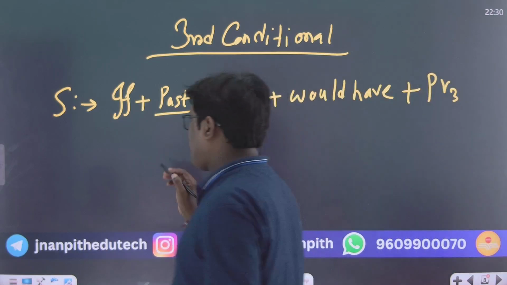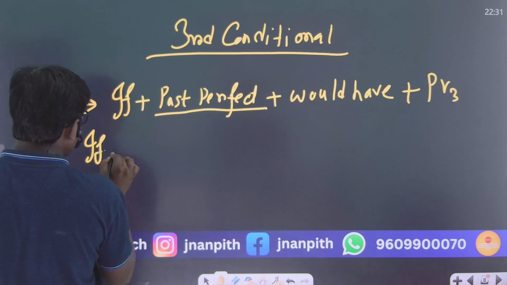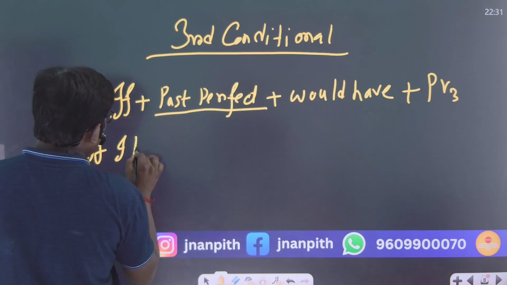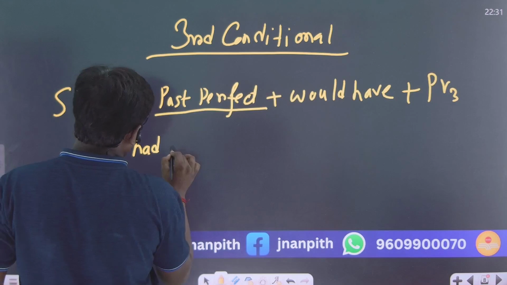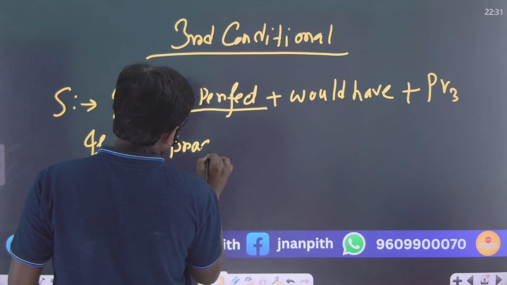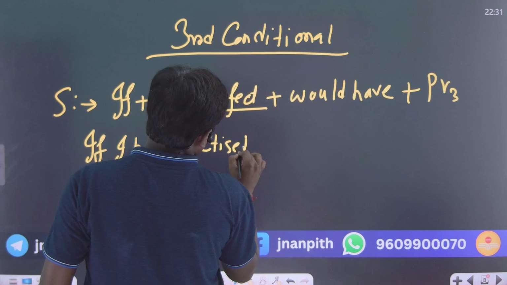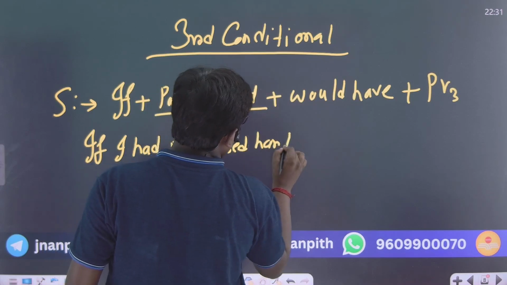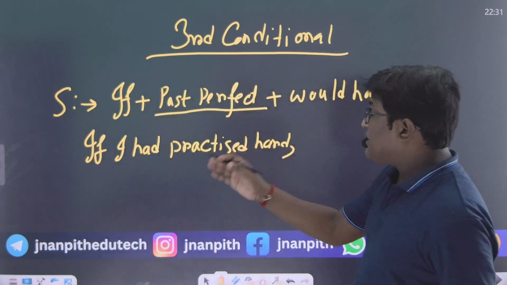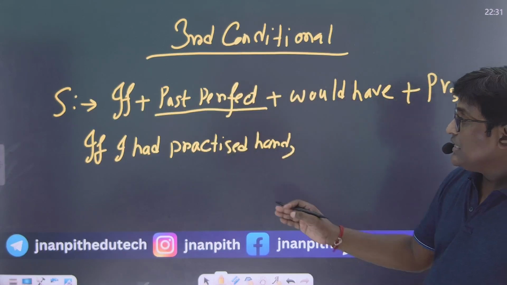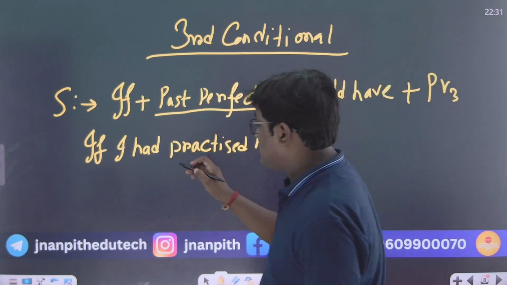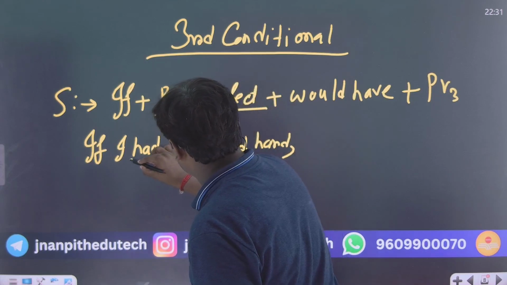Let's see. If I had practiced hard, I would have won the race. If I had practiced hard, this is in past perfect. How can we know?